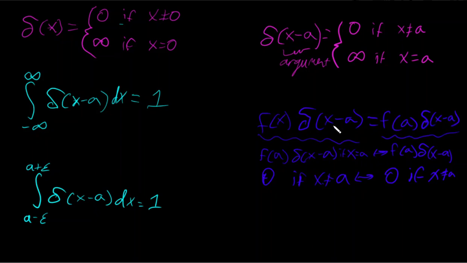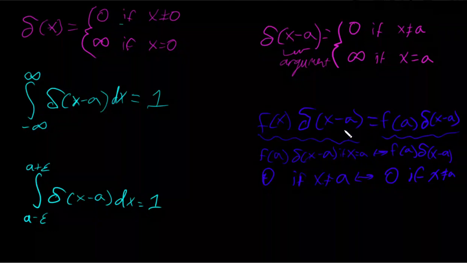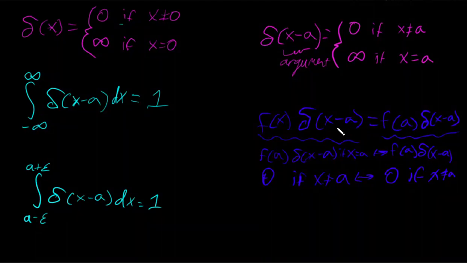So this is true whether or not x equals a. For any values of x and a, this identity is always true, and you can test that out in your head. It's always going to be the same.